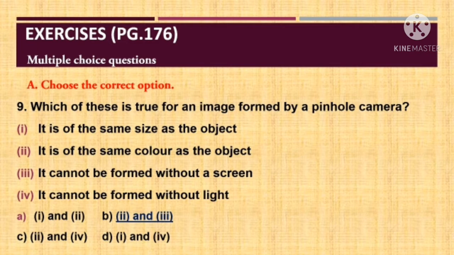B. 2 and 3. C. 2 and 4. D. 1 and 4. The image formed by a pinhole camera is of the same color as the object. The image cannot be formed without a screen. Hence, option B, 2 and 3, is the correct answer.